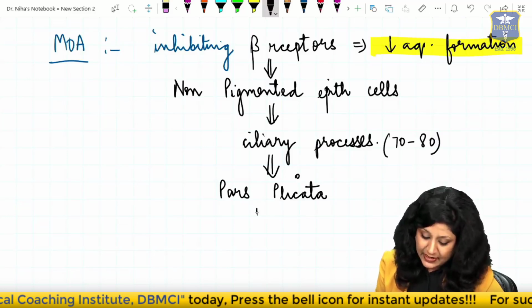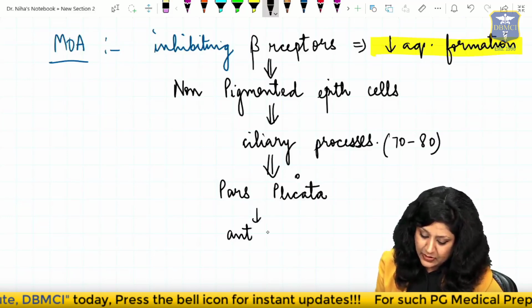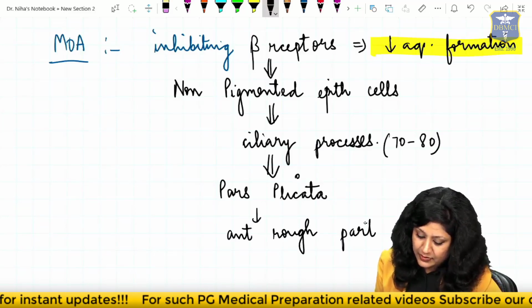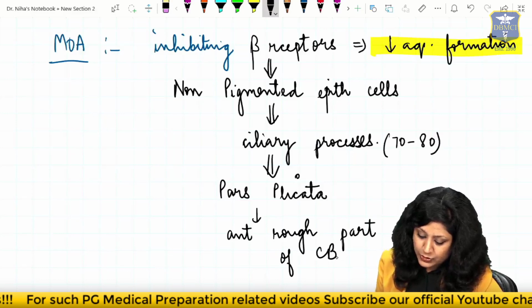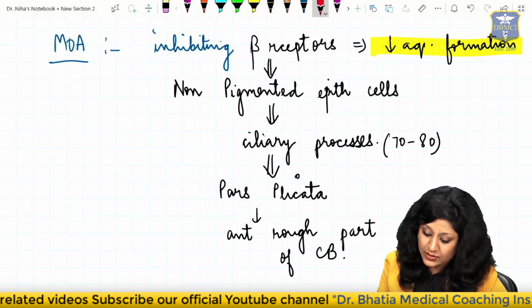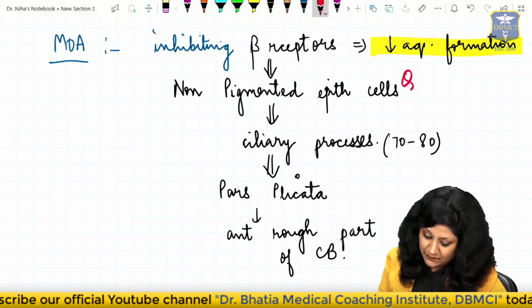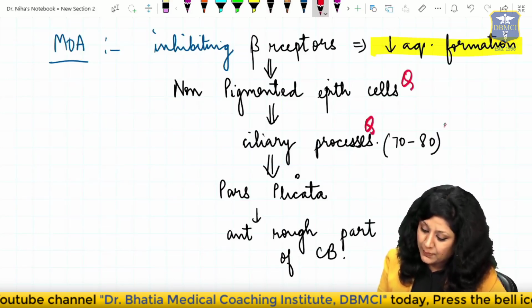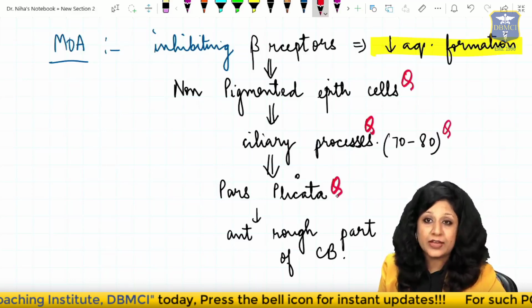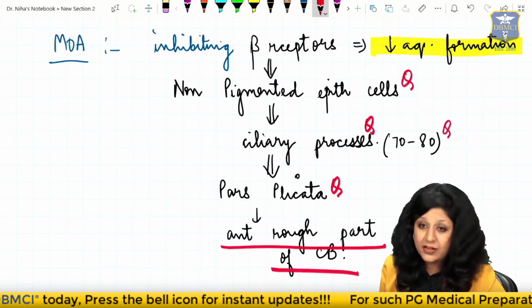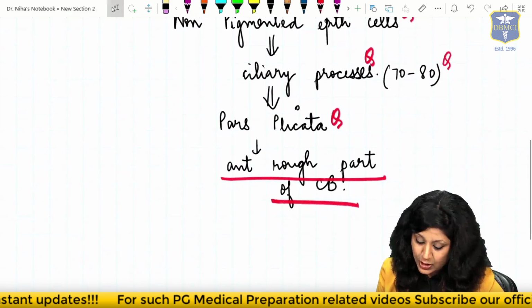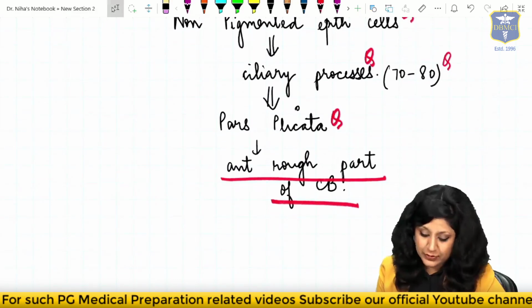Pars plicata is the anterior rough part of the ciliary body. So many questions can be asked with respect to aqueous formation: the type of cells, the type of processes, the number of processes, and the part of the ciliary body, that is the anterior rough part of the ciliary body, which contains these receptors. So basically they are decreasing the aqueous formation.